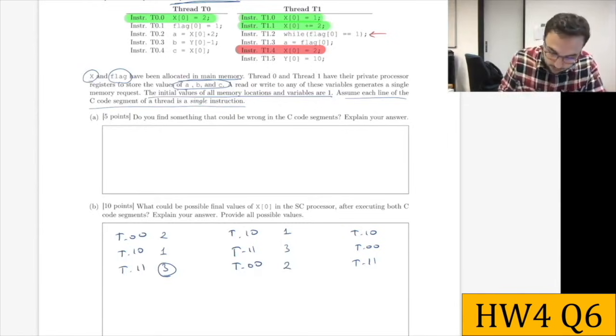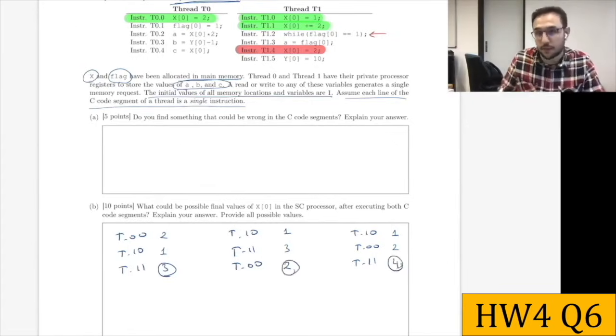And then this one: it starts with 1, then it's assigned 2, and then it increases by 2, so it becomes 4. So these are all 3 possible values that X0 can get after executing these 2 threads.